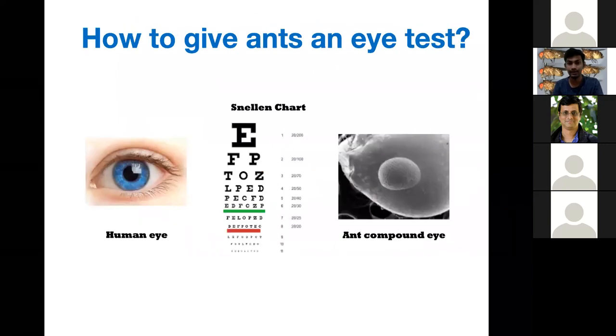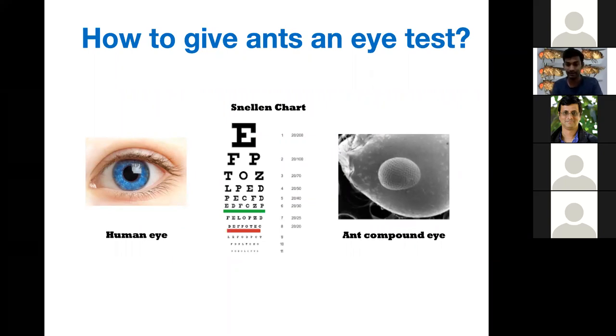If you've gotten your eyes tested, you know this chart, but how exactly does one test the visual properties of an eye? One of the common ways people have quantified these variables is to look at their histology. There are certain assumptions that they make about these measures, but you still get an estimate of what their sensitivity and resolution is.